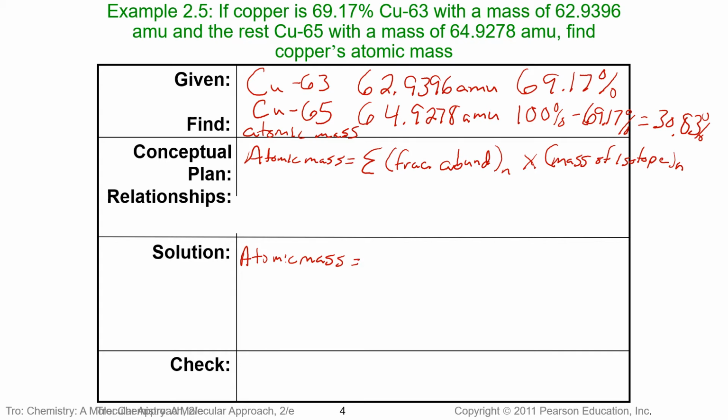So in order to find our atomic mass, we're going to plug in our numbers. Now, fractional abundance, we're just moving the decimal place. So we're basically dividing by 100. And so for our copper 63, our fractional abundance is 0.6917 times its mass.